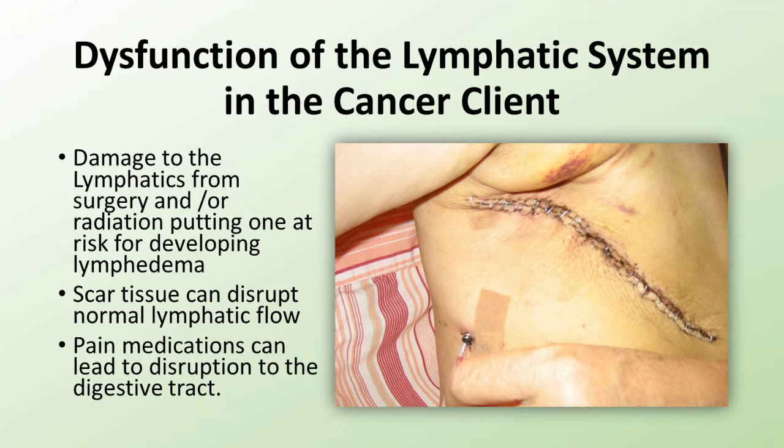The other thing to think of when you have a cancer client is that often some of the chemotherapy drugs they have, or even just the pain medications that they take to help alleviate some of their symptoms, can disrupt the digestive tract. And as we know, intense pain medications can lead to constipation.